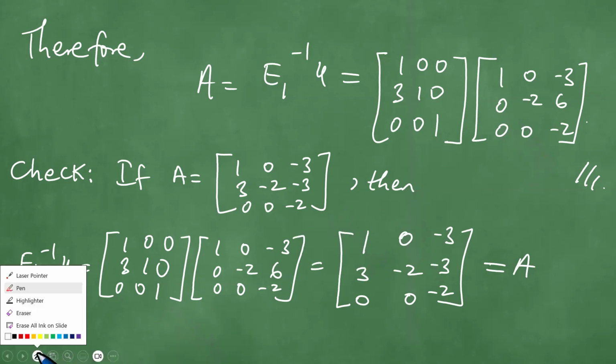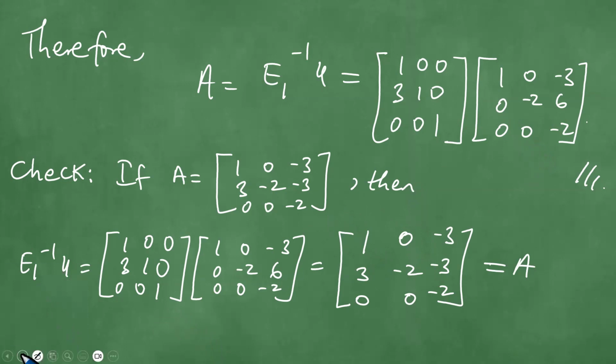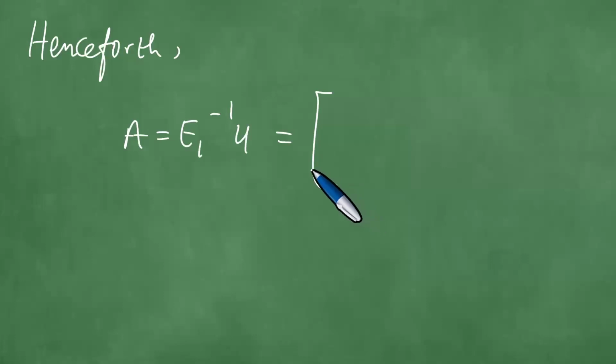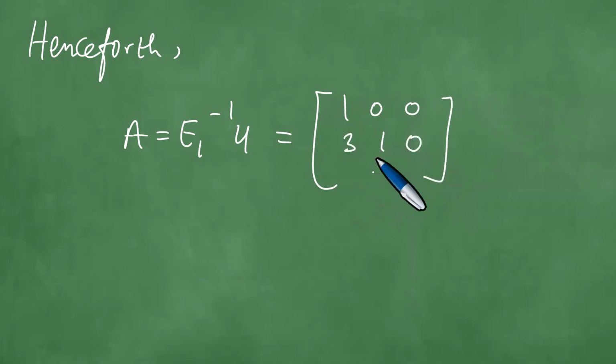And obviously henceforth, the matrix A can be written as E1 inverse U, which is exactly the same as, and we know that E1 inverse is 1, 0, 0, 3, 1, 0, 0, 0, 1.